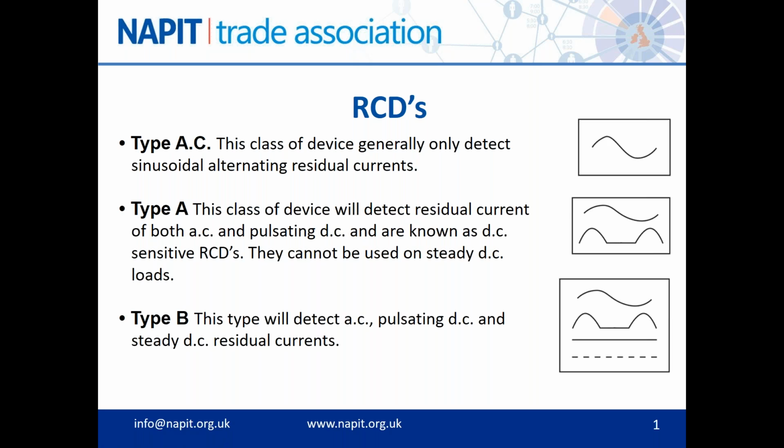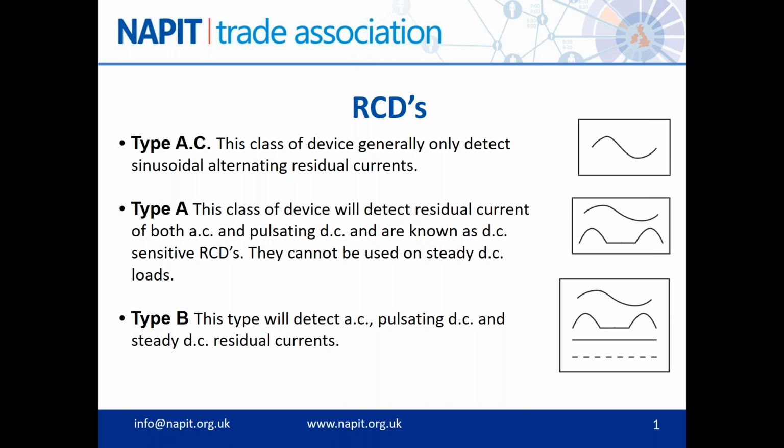They're not. These are different types, and these are for RCDs only. The type A works on a pulsating DC, and the type B detects pulsating DC and even steady DC. And the symbols you see on the right hand side are the symbols you would see on these devices.